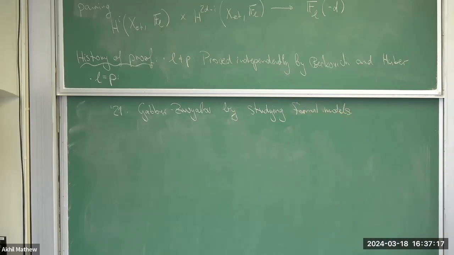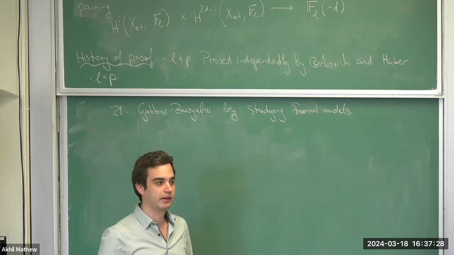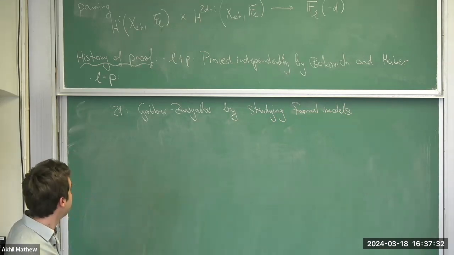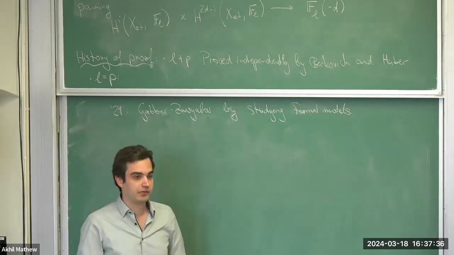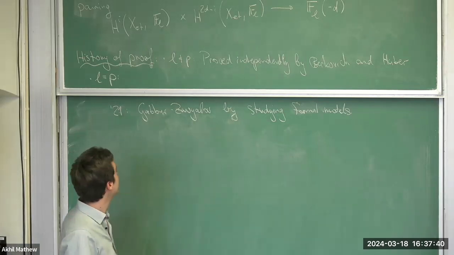In the easiest case, when X has good reduction, so you can find a smooth model over Z_p such that X is its generic fiber, the proof is essentially due to Colmez from the 1980s or something. And if it does not have good reduction, then we need lots of steps just to reduce to that case.